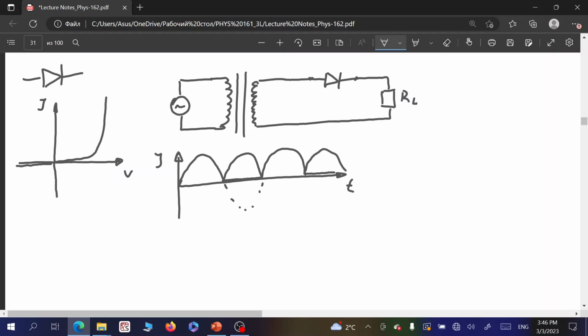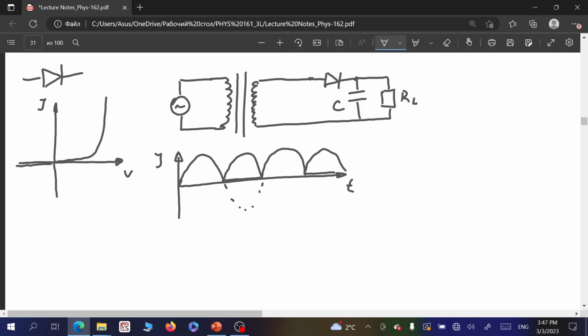And in order to have reliable operation of our devices and complicated electric circuits, we want to have as smooth as possible DC current. So how do we reach this? We attach filters in parallel to load resistor, and the easiest option is to connect just a capacitor.